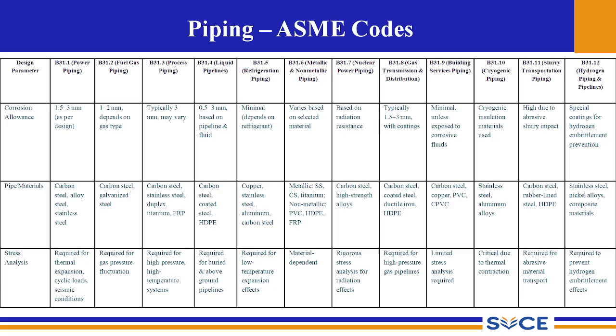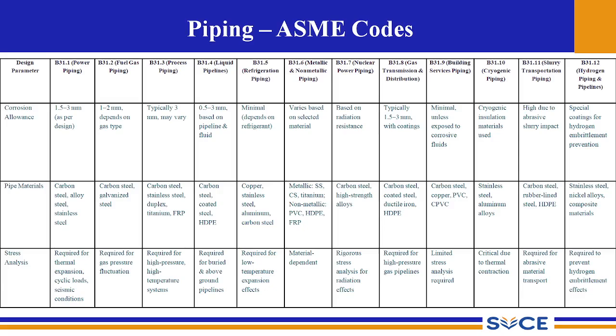Then liquid pipelines, the corrosion allowance is between 0.5 to 3 millimeter, and the pipe materials are carbon steel, coated steel and high density polyethylene. The stress analysis is required for the pipelines which are buried and above the ground pipelines.